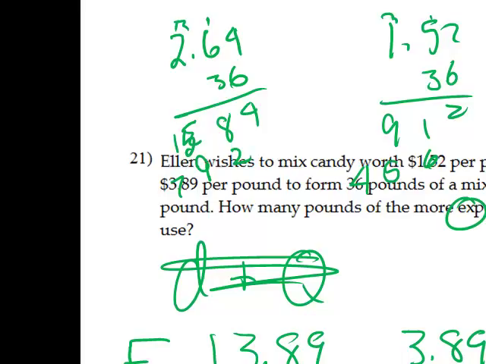Mistake there. Plus 36. E is 380. 36 pounds of the 162.